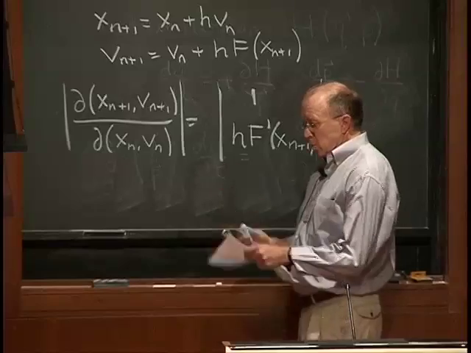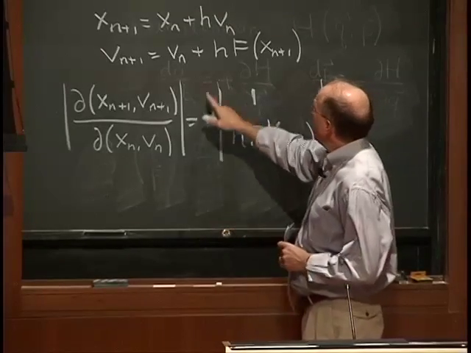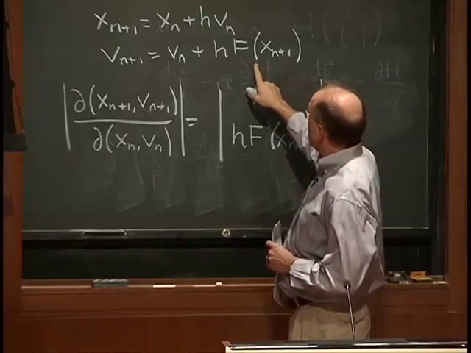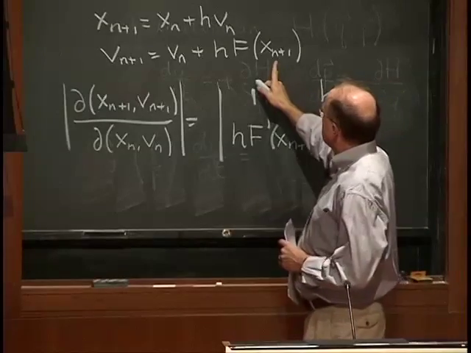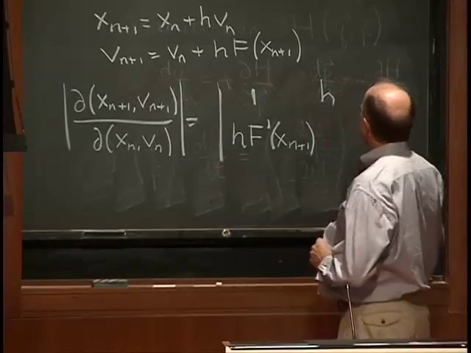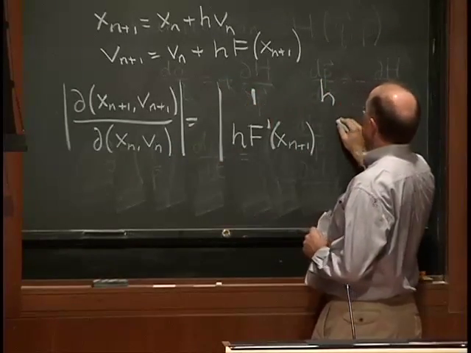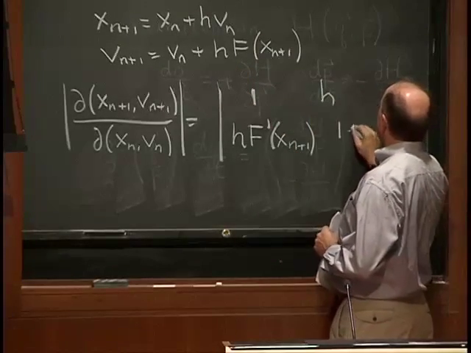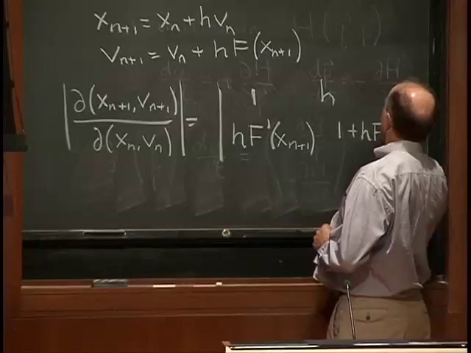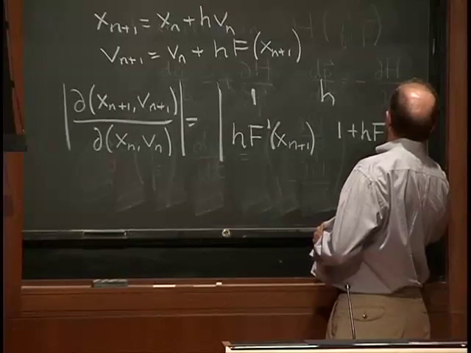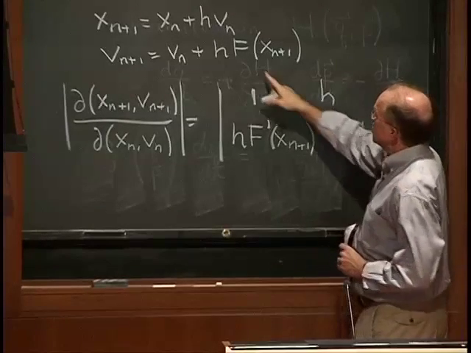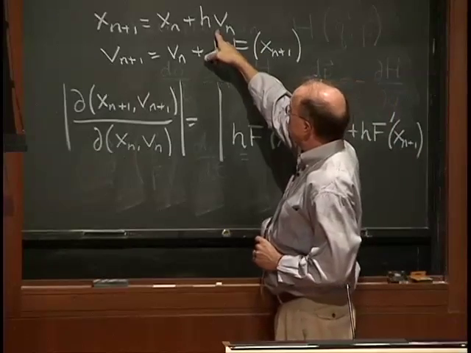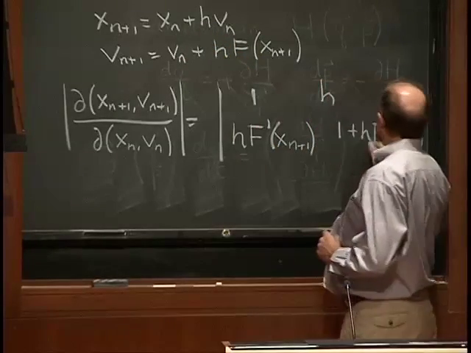Partial of vn plus 1 with respect to vn is then, there's a 1 here, and then there's a term from this. There's plus h f prime of xn plus 1 times the partial of xn plus 1 with respect to vn, which is another h.